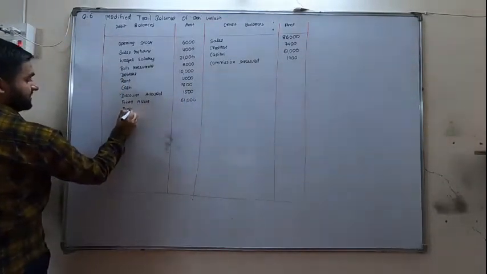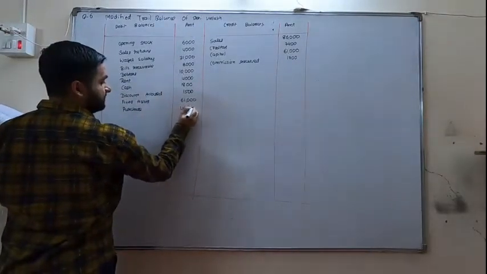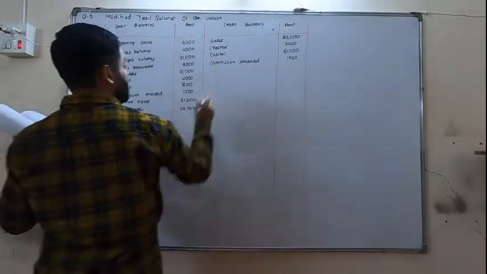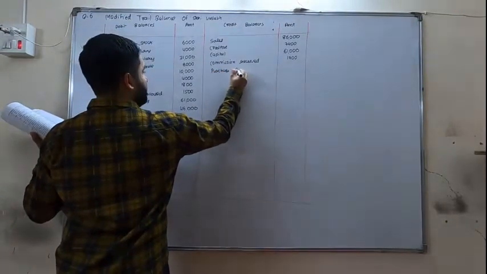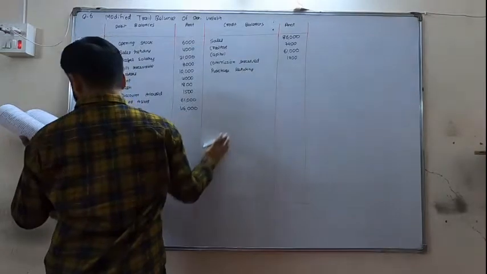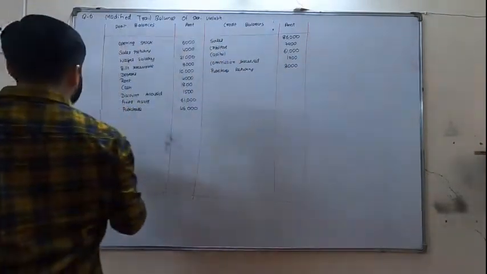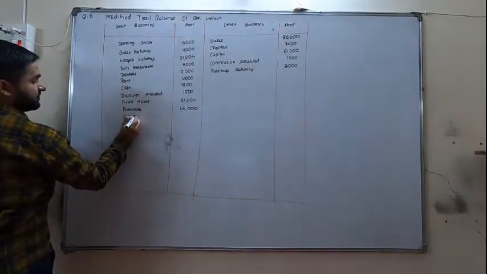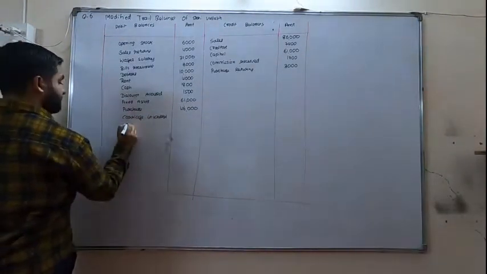Purchase goods are coming in, so debited on the debit side, 46,000. Purchase returns having a credit balance, so on the credit side, purchase returns 3,000. Carriage inward and outward both are our expense, so both will be on the debit side, but they are recorded on the credit side.